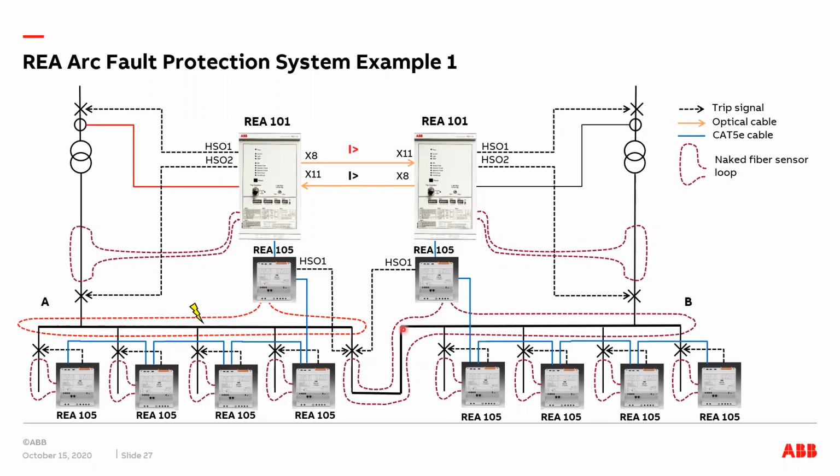Additionally, we use REA 105 units for each outgoing feeder cable compartment, and they can detect the arc occurring there and trip only their own outgoing feeder circuit breaker if the main unit simultaneously provides overcurrent.